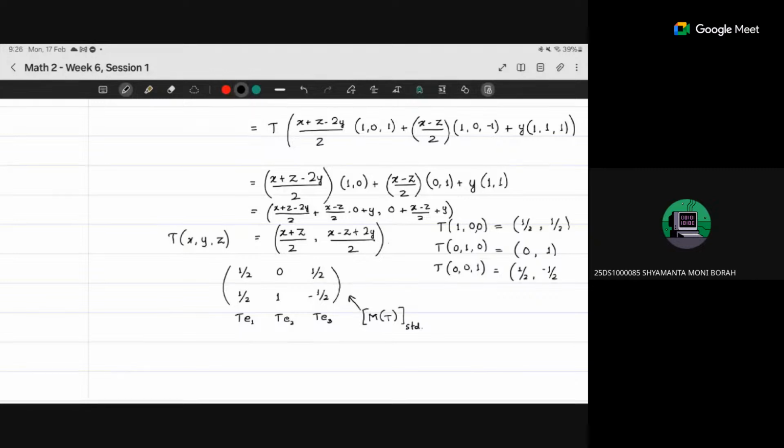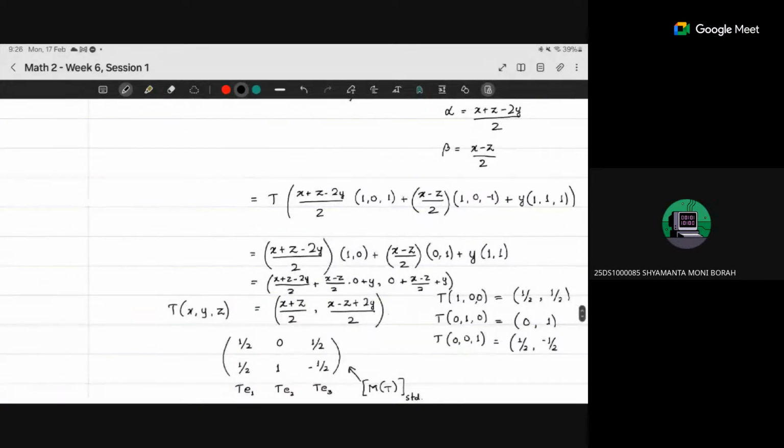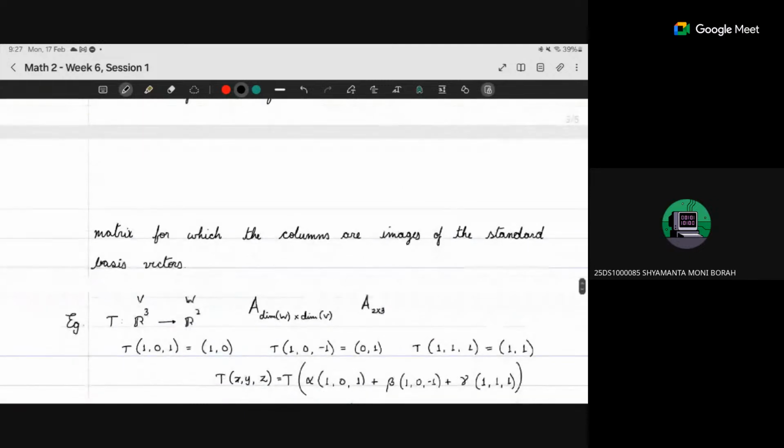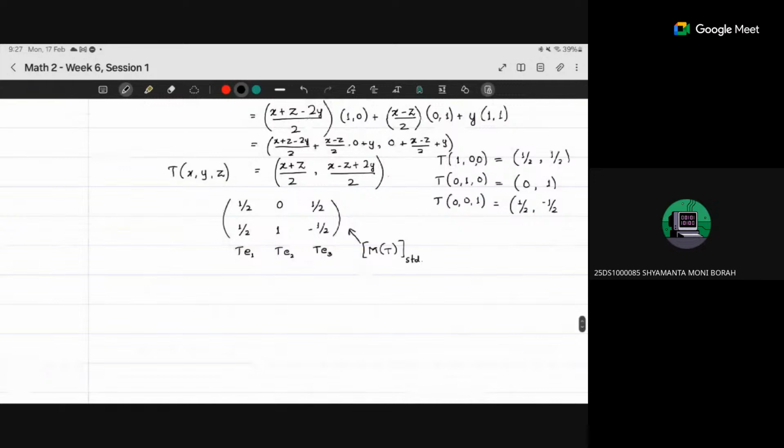The matrix of the transformation is of order dimension of codomain cross dimension of domain. In this case, it is R3 to R2, so the matrix will be 2 cross 3, and its columns will correspond to the image of the standard basis vectors: 1 0 0, 0 1 0, and 0 0 1.